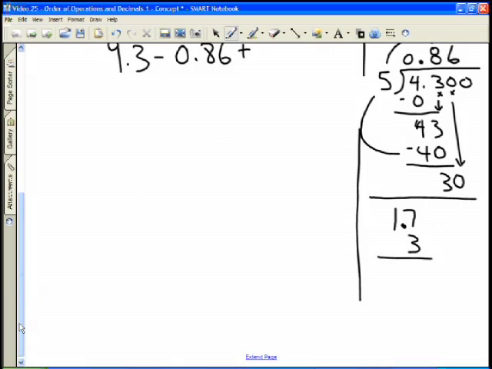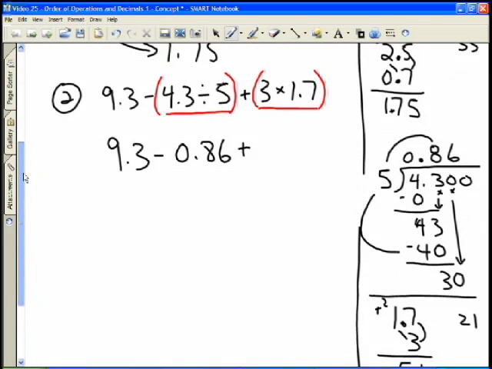But up to you. So now 3 times 7 is 21. So I write the 1. I carry the 2. 3 times 1 is 3. Plus 2 is 5. And so there's 1 decimal point in my question, so I need 1 decimal point in my answer. And 3 times 1.7 is 5.1.